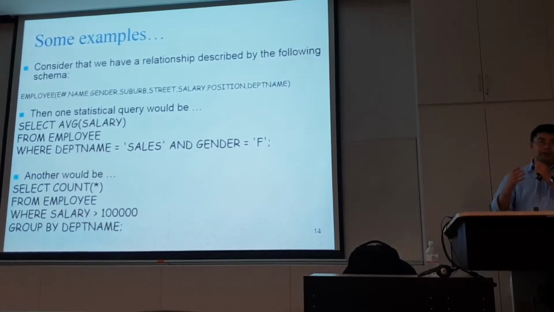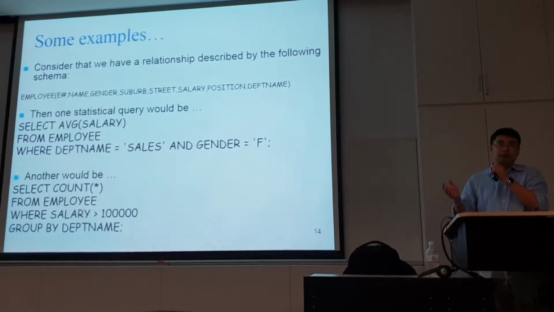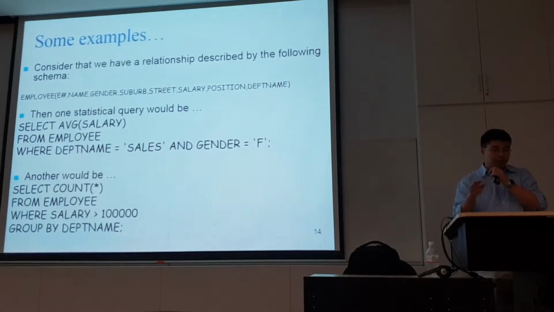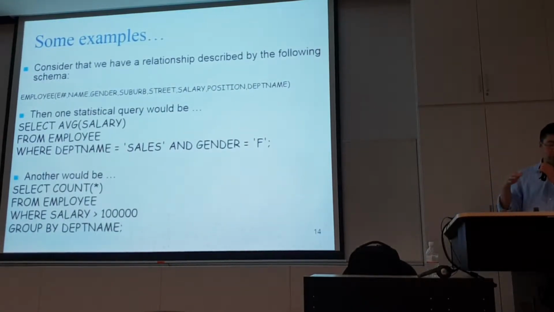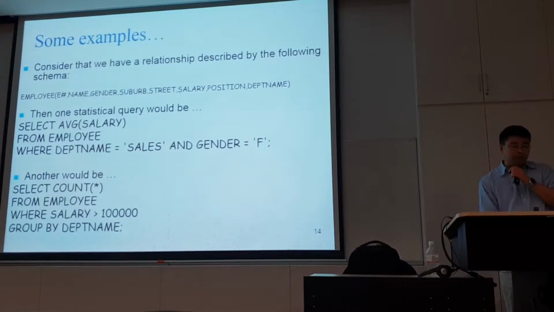They may say, if the query set, the number of records satisfying the list of predicates, is smaller than a threshold, then the query will be rejected. This is one standard method to prevent the direct disclosure of information. So statistical databases usually will have such a restriction.